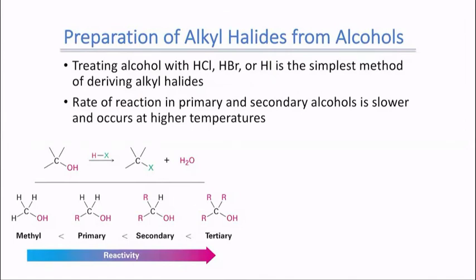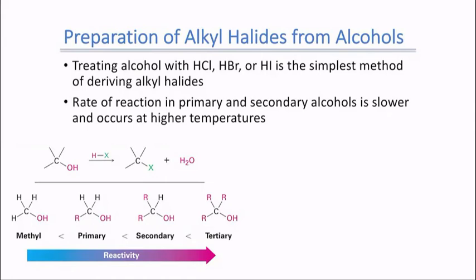And the rate of the reaction in primary and secondary alcohols is much slower than in a tertiary. So if we look at the rate of reactivity, methyl alcohols are the slowest, so methanol is the slowest. Primary alcohols, still pretty slow. Secondary, and then tertiary. Tertiary are ones that react okay with it.